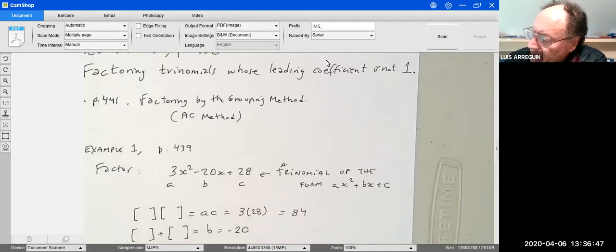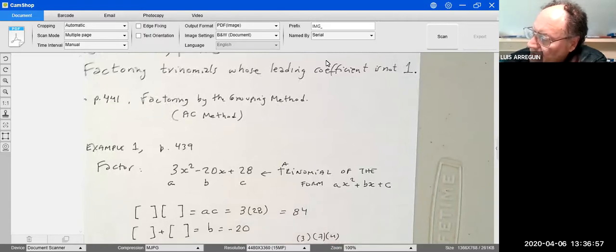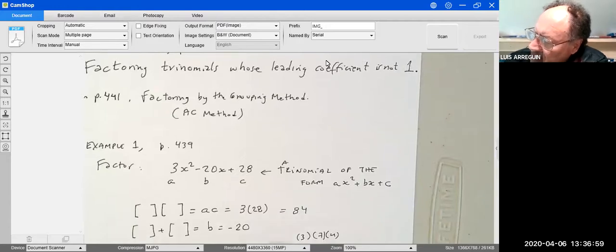So we have, for example, 28 can be decomposed as 7 times 4. So I'm going to look for factors that are going to give me 20. Let's see. Another possibility is that you can multiply 14 times 2.